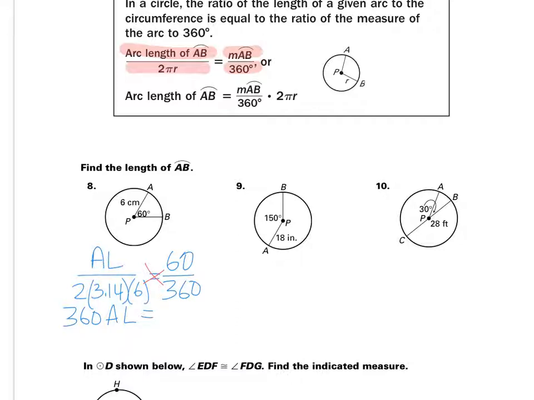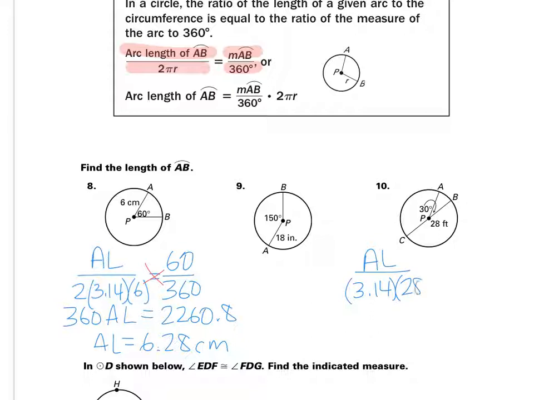Sorry, I don't have this product figured out. Divide by 360. The arc length equals 6.28 centimeters. We're going to skip number 9. Let's go to number 10 with the diameter. So the arc length over the circumference. The diameter, so I use pi times diameter.